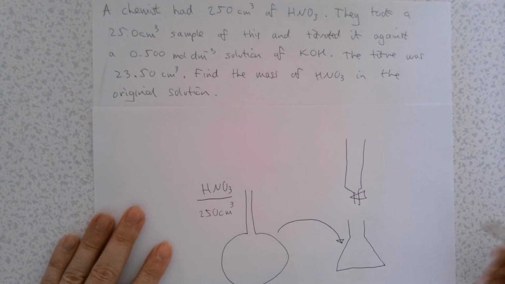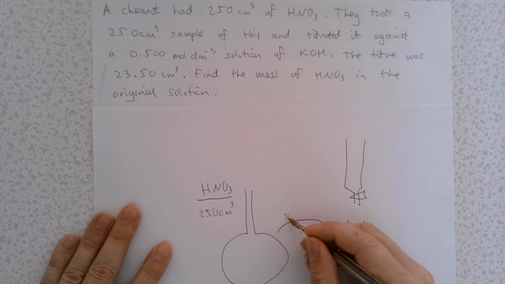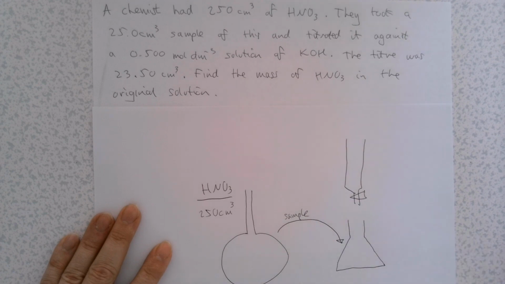Usually what we put inside the conical flask will be 25 centimetres cubed, because the measuring pipettes are usually 25 centimetres cubed. But again, not always, so you do need to double check. So this is a sample we've taken here. It's worth writing that down so we know. So what do we have in the conical flask?